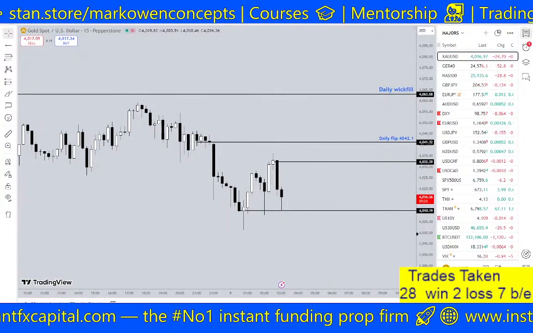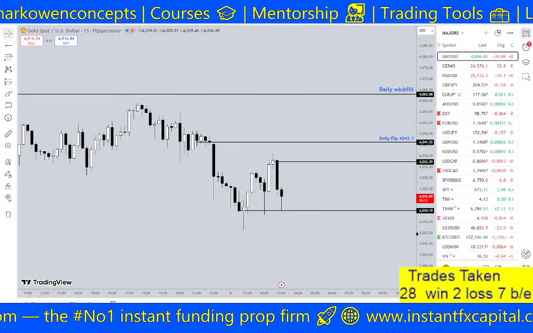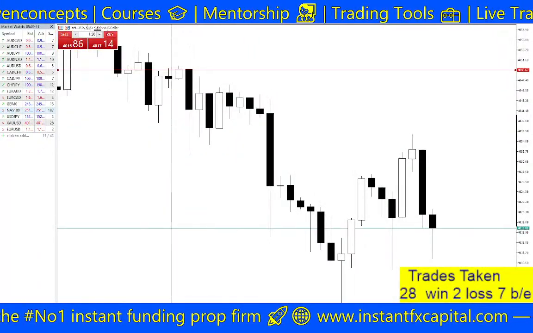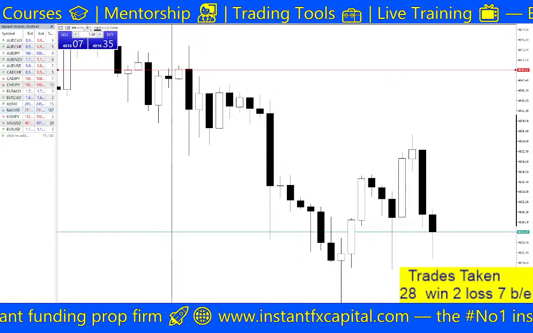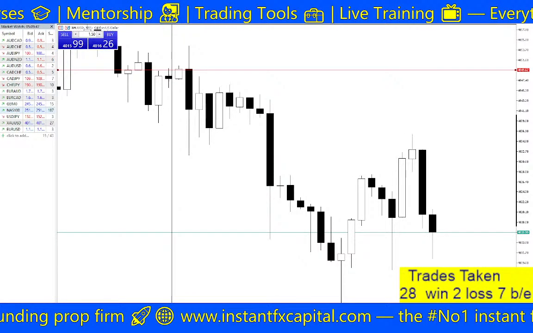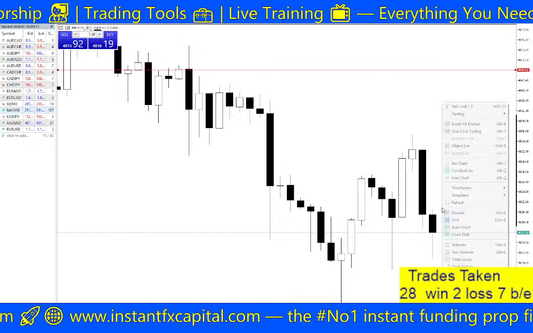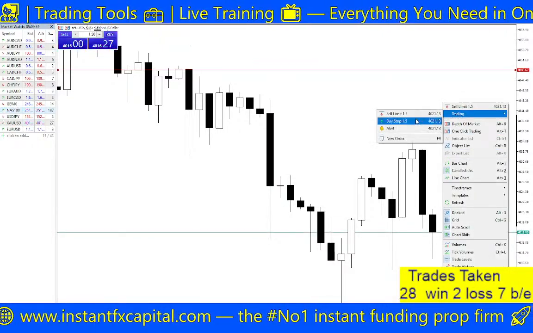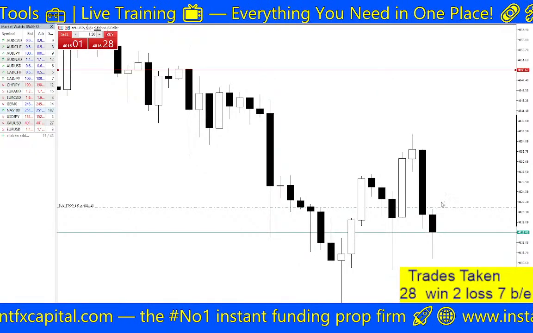So let's, is it this one? Okay, and so I'm going to put a buy stop in above the high of that candle, 4020.81.